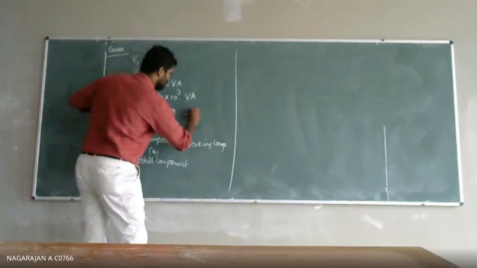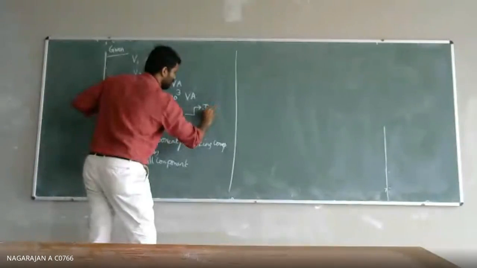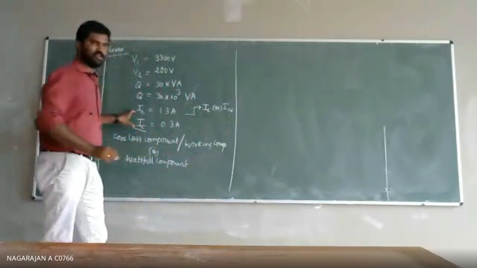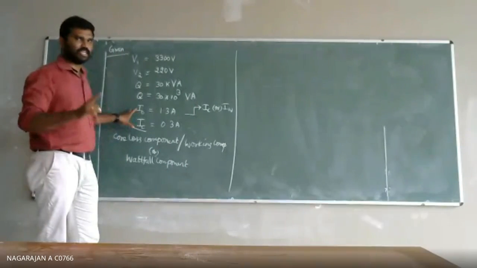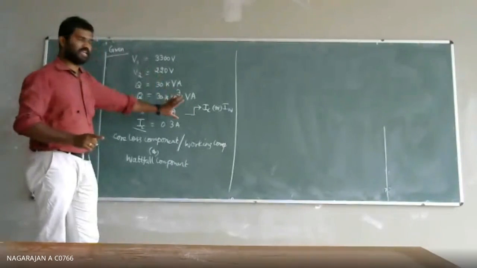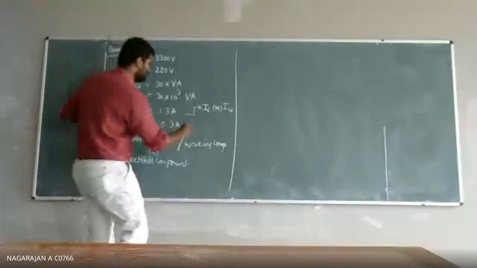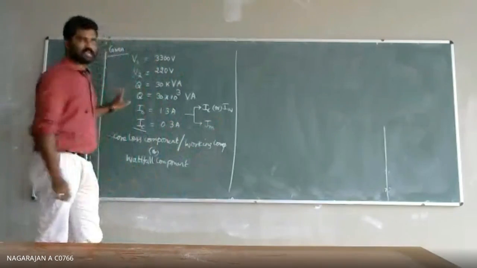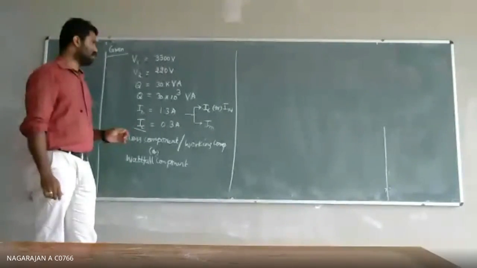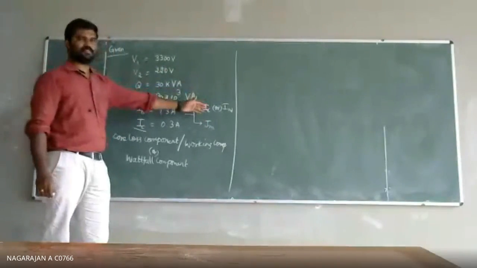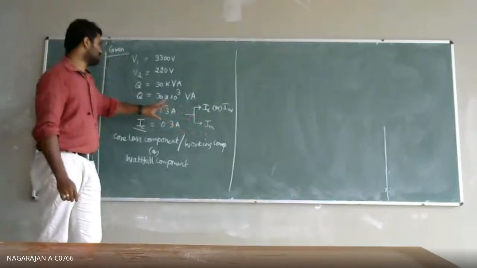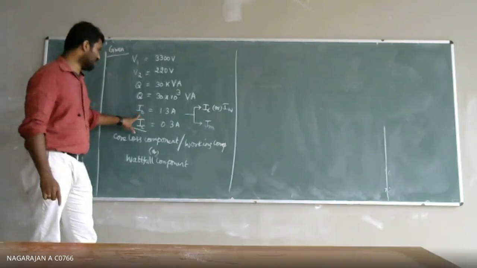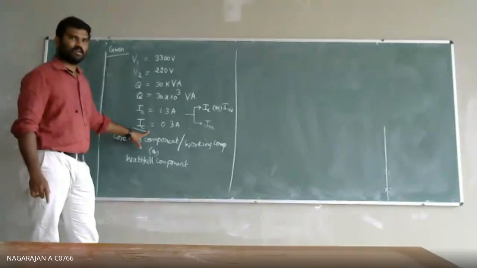One is IC or IW; they may give you a different notation. Don't get confused with this. The second one is IM, the magnetizing component. We have different equations for this. The vector sum of these two is the no load current. In this problem they have given the core loss component.